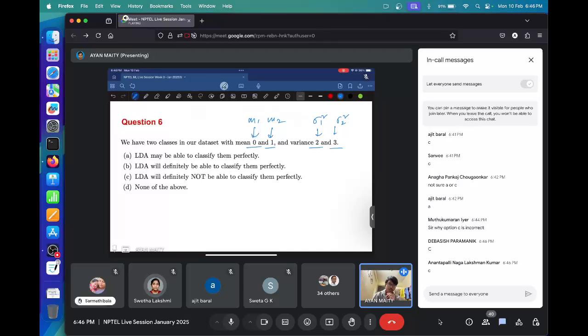Anantapalli Naga Lakshman Kumar says option C, that is, definitely not be able to classify them perfectly. Okay.